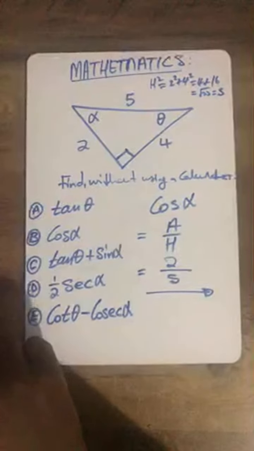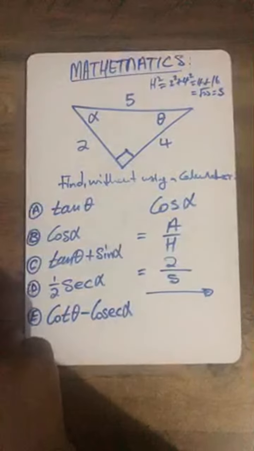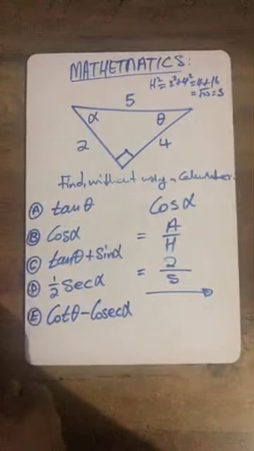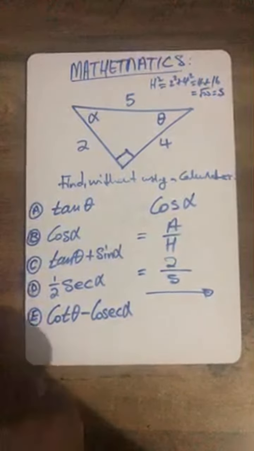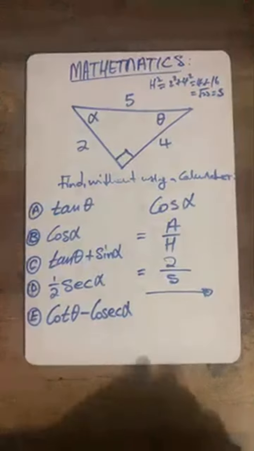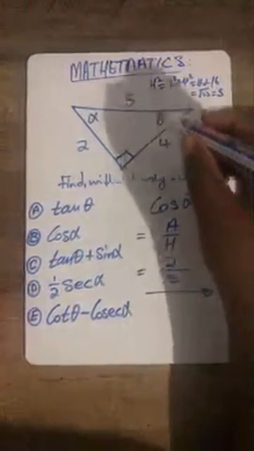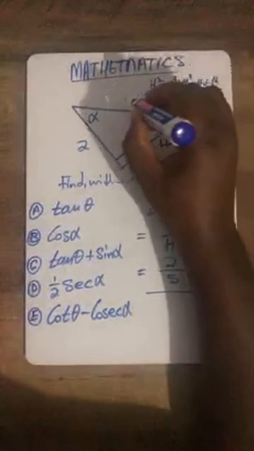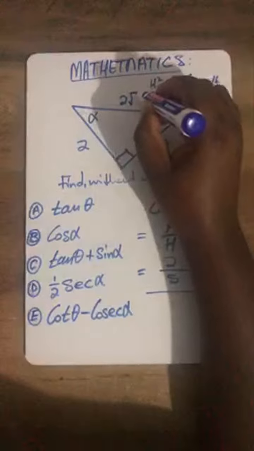Oh, okay. No, now I see it's equal to 20, not 25. Yes, then square root of 20. Square root of 20 is equal to 2 square root of 5.